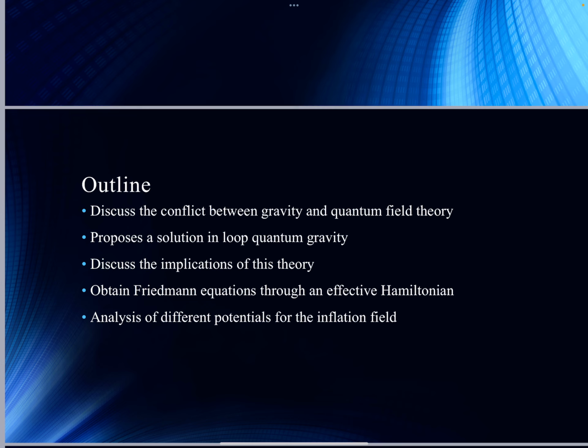And that'll be based off of potentials of something called the inflation field, which is the cause of the expansion of the universe. So for these different potentials in the inflation field, we can see what the equation of state looks like. We can talk about the expansion rate, and we can discuss those sort of things.